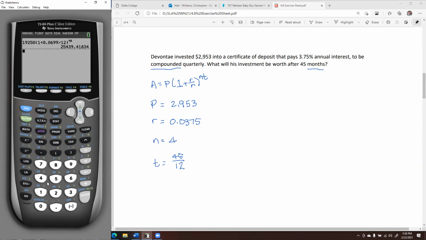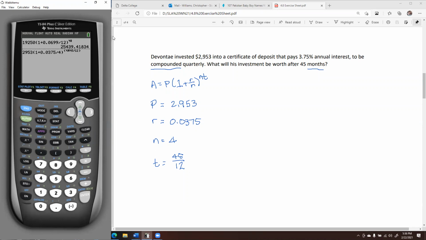All right, so I'm going to enter 2,953, 1 plus 0.0375 divided by 4, close our parentheses, and then we're going to have n, let me back up, n times 45 divided by 12.